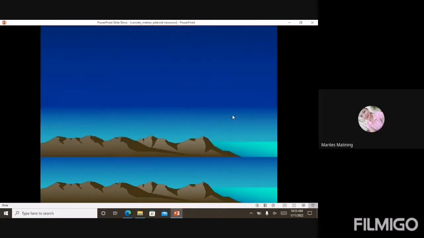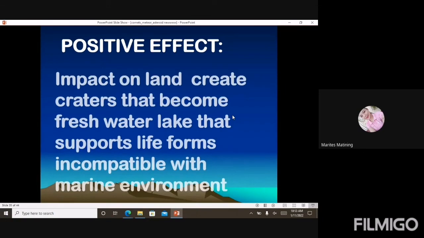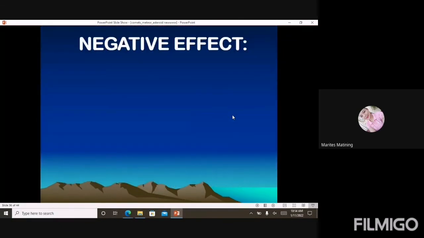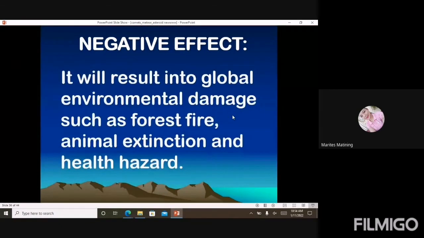Ano kaya yung pwedeng impact niya sa atin? So, positive effect niya, impact on land, create craters that become freshwater lake that supports life forms incompatible with marine environment. Ang kanya namang negative effect, it will result into global environmental damage such as forest fire, animal extinction, and health hazards. So, yan yung mga yun.